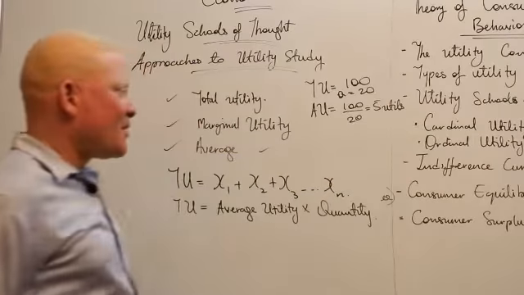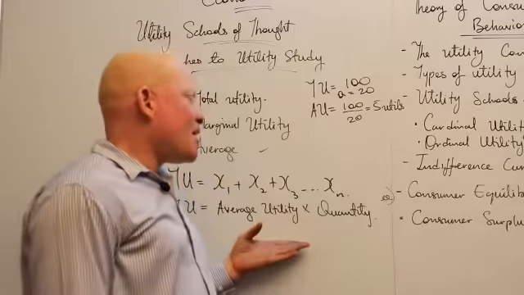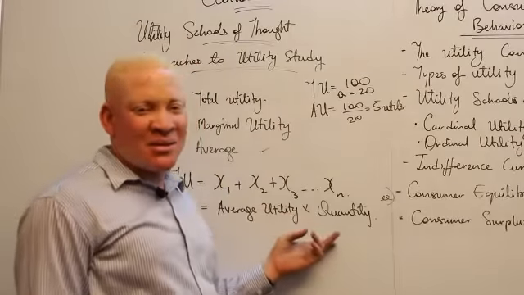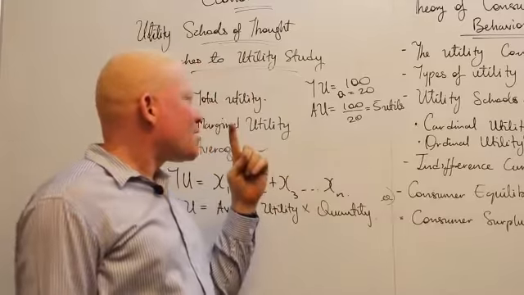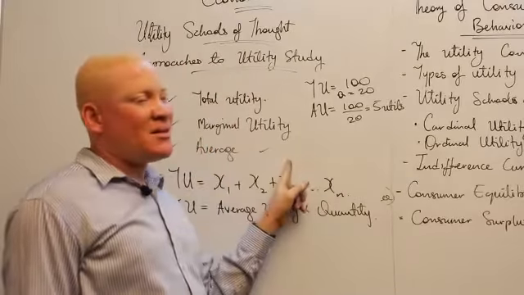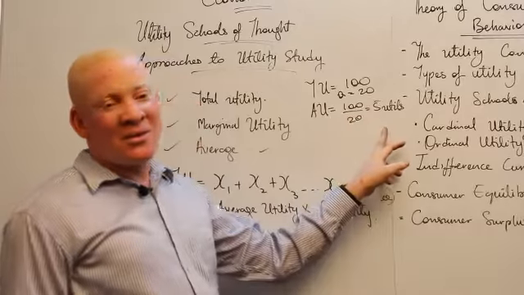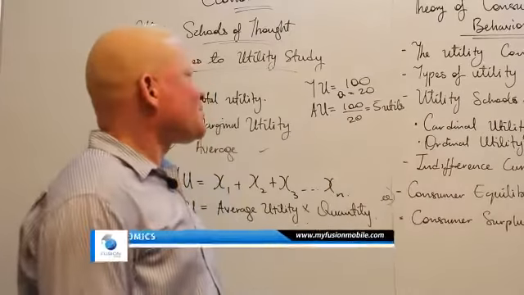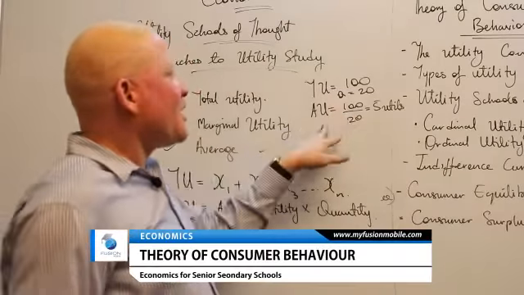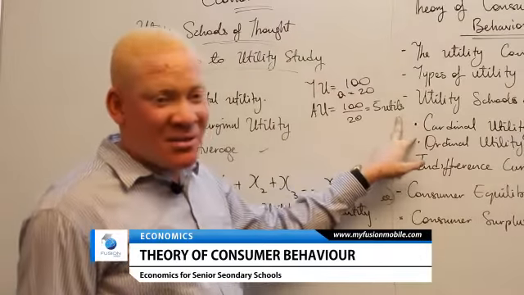Now, worthy of note, when you are calculating in an exam situation, and any calculation in economics, you must state the unit of measurement of the answer. Here I have 100, and utility is measured in utils.